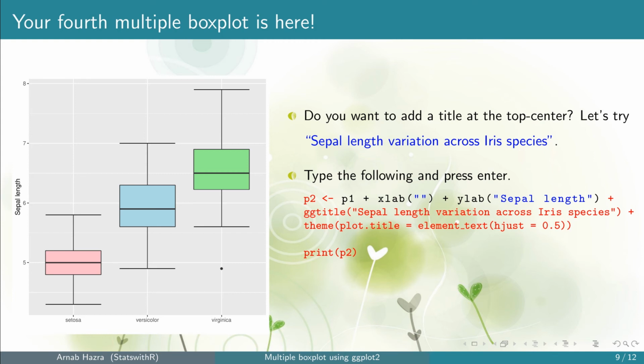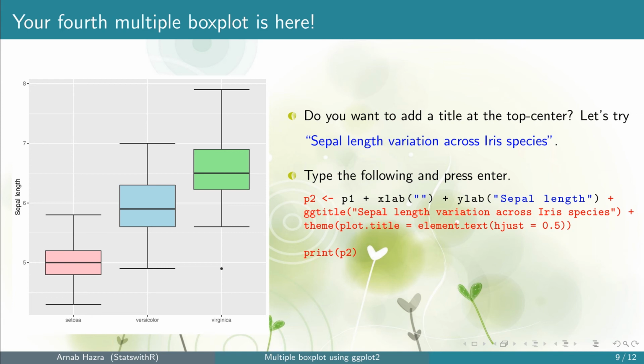First line is ggtitle, "sepal length variation across iris species" within quotes. This adds the title. The default position of the title is left aligned. To place the title at the center, add the line theme, plot.title equals to element_text, hjust equals to 0.5.